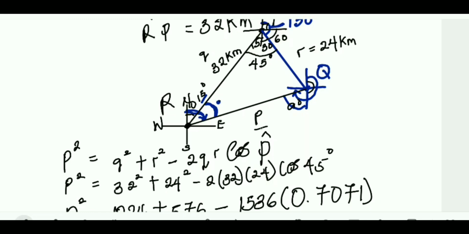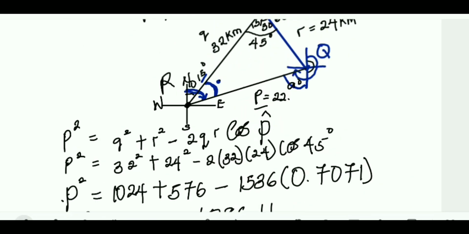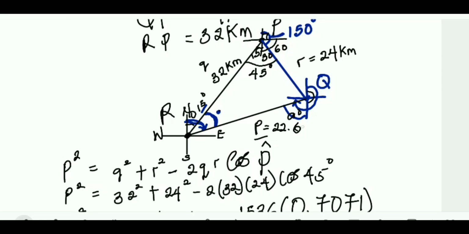Alright, let's get back. We have already found the value of p as 22.67 kilometers. In this case, I'm going to teach you how to use the sine rule. We can also use the cosine rule to find this angle, but the sine rule seems a bit faster here, since we have the value of p. Now, the sine rule states that the ratio of the sine of an angle to the opposite side are equal.